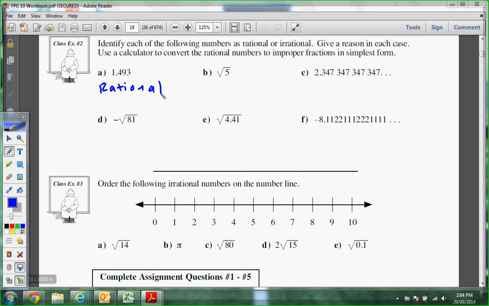Yeah, it's non-repeating, and it doesn't terminate. Okay, C, it's repeating. So this one here is irrational. This one's rational, because as soon as you see repeating, you know it can be a fraction.